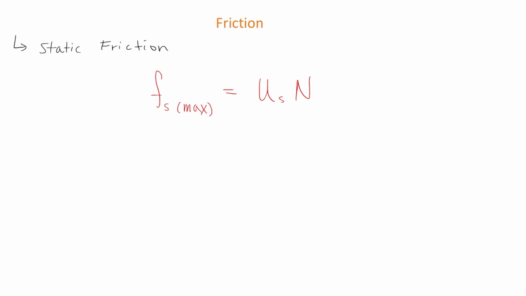And so you will use the equation Fs max is equal to mu s times n, because this tells us the minimum amount of force that must be applied in order to move the object, because the applied force has to be greater than the maximum static friction.